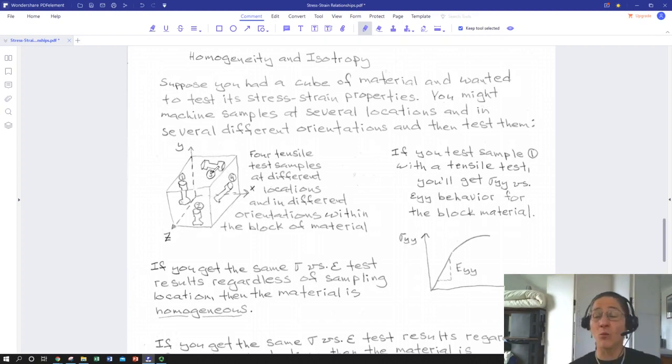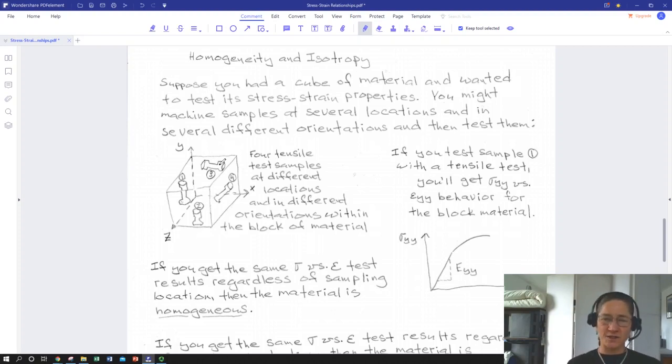Homogeneity is something that's generally desired. You will generally only encounter non-homogeneous materials if, like I said, it was designed to be non-homogeneous or it's defective. So homogeneity is used as a quality test.